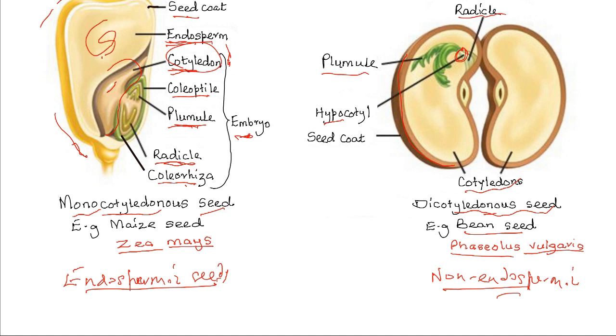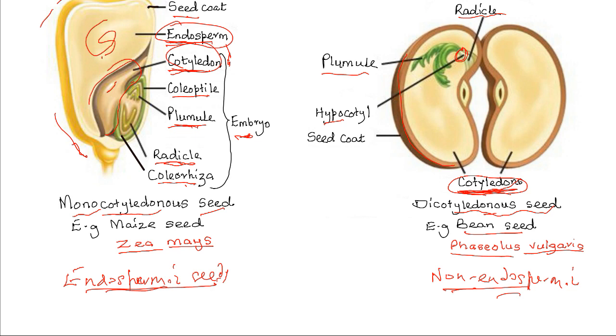But as the seed develops, the endosperm gets absorbed into the cotyledons. So in the non-endospermic seeds, the cotyledons are the main food storage structures. But in the endospermic seeds, the endosperm is the main food storage structure, with the cotyledon acting more of a protection.